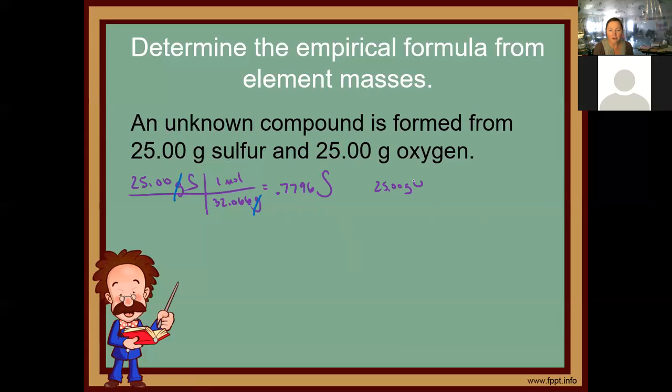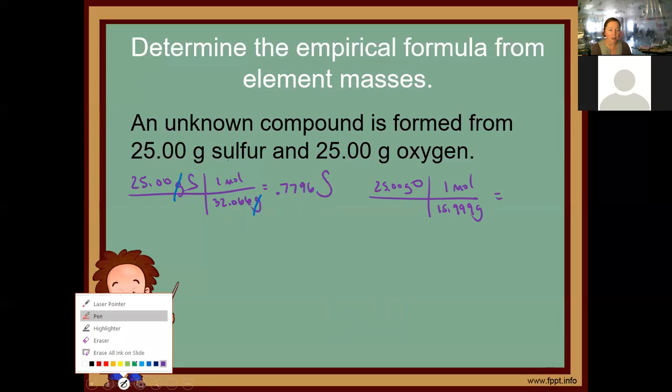Same thing for our oxygen. 25 grams of oxygen. Now this is not oxygen gas. This is oxygen in a compound. If we're talking about oxygen in a compound, we're not talking about it needing to be diatomic. So for these guys, don't think O2, just think how much O is in this compound. So I'm going to use 15.999 grams in 1 mole of oxygen.